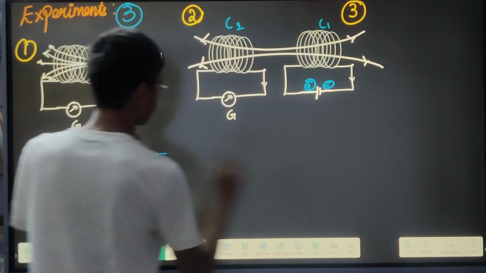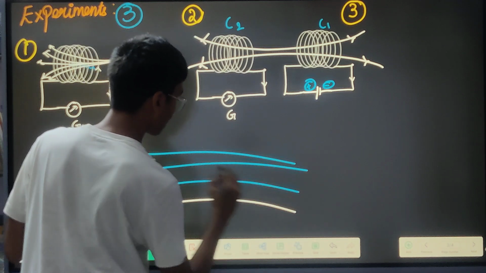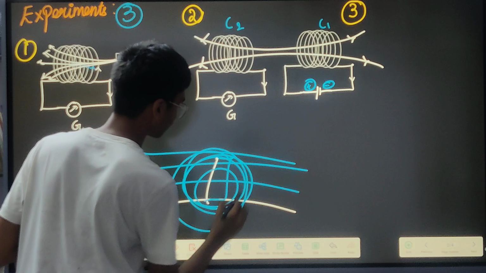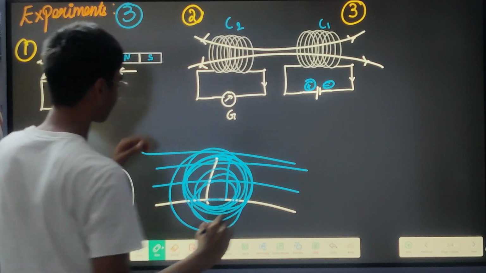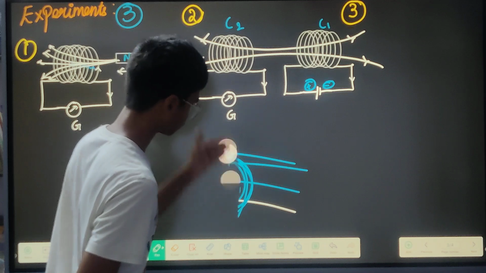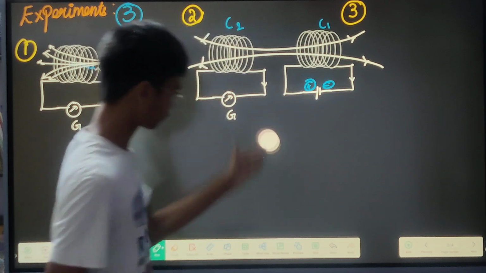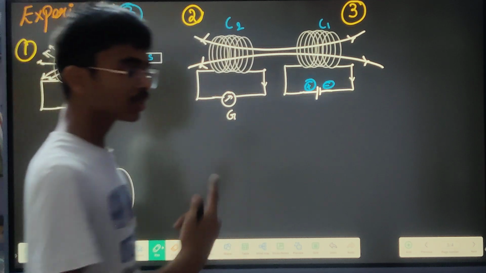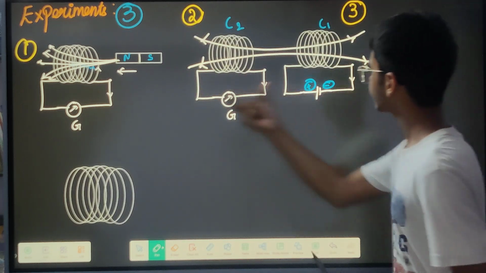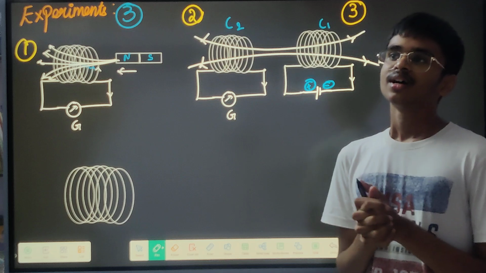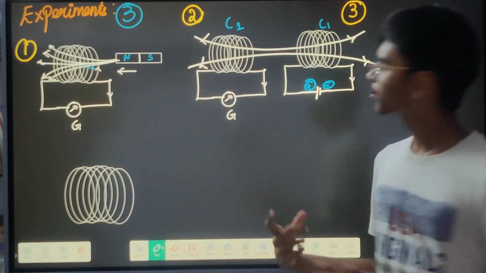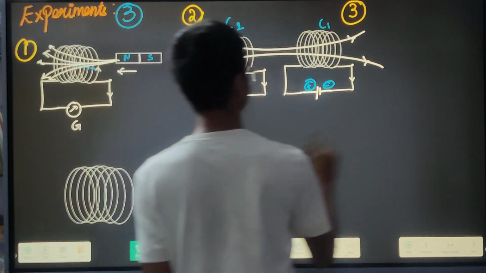For example, if here is a magnetic field, and there is a coil over here, then this coil should rotate. So then automatically there will be a disturbance in the magnetic field. Now you can see that there is deflection in the galvanometer, so there will be current also. So this is your next thing.